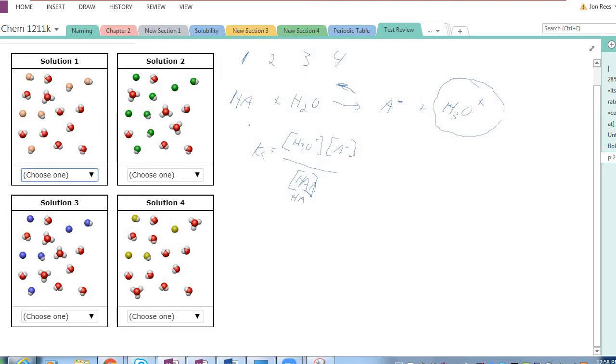This is our Ka, and if there's a lot of H3O plus that we put in here, that's going to make Ka really large. If there's not as much in there and you have more HA, then you'll know that you have a weaker acid. So the larger Ka is going to give us a strong acid, and the lower the Ka, the weaker the acid.